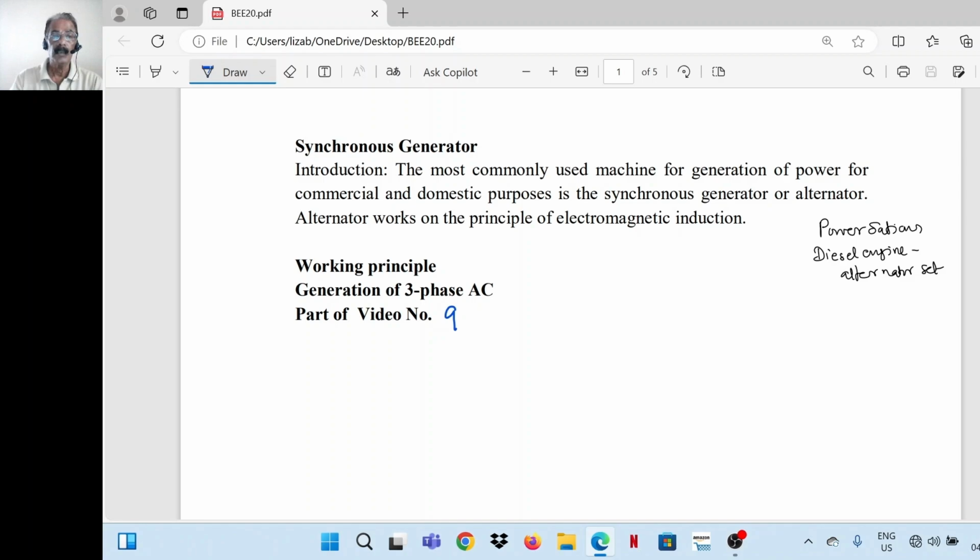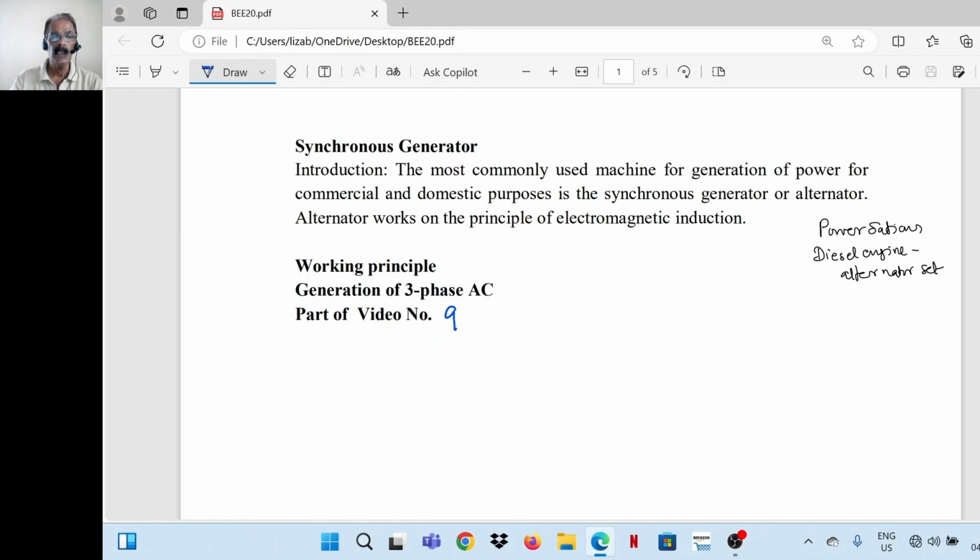Also, diesel engine generator alternator set is used for power generation for domestic purposes. You might have seen in houses or industries, there will be a generator set, mostly a diesel engine generator set, used for generating the necessary electric power. So it is a widely used electric machine.